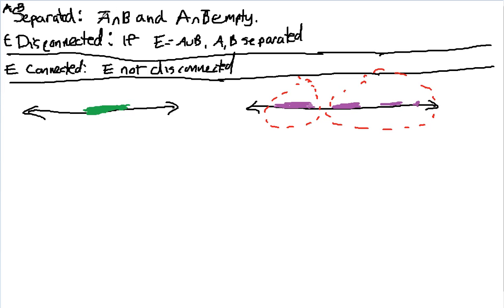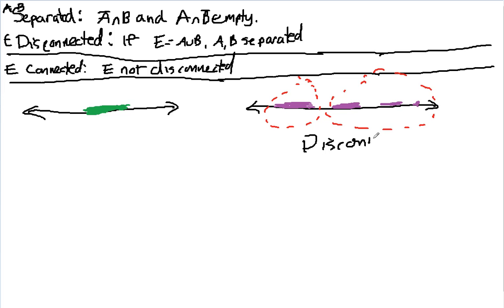In fact, we'll make sure that even if you include the limit points, there are no limit points over here of this one and vice versa. This is the idea of separated. So this set is disconnected, right? So let's label this. This is disconnected.